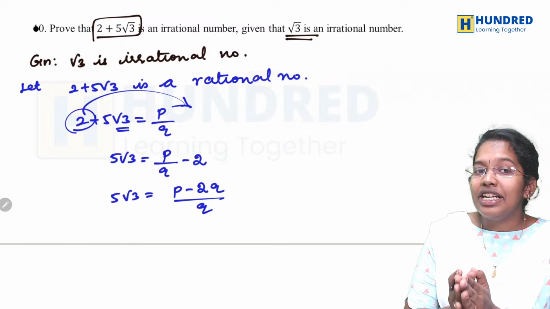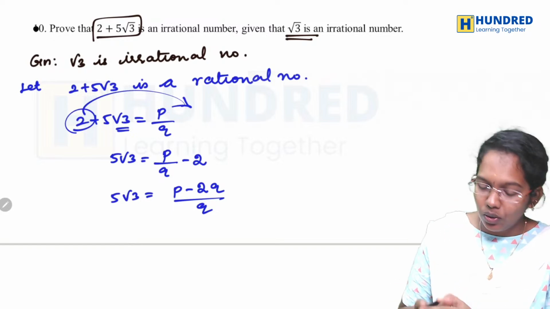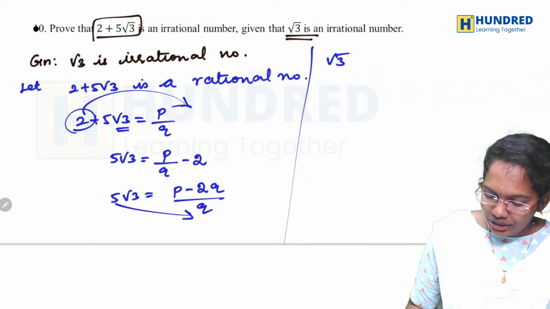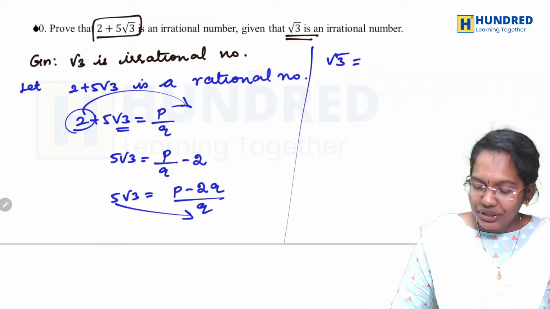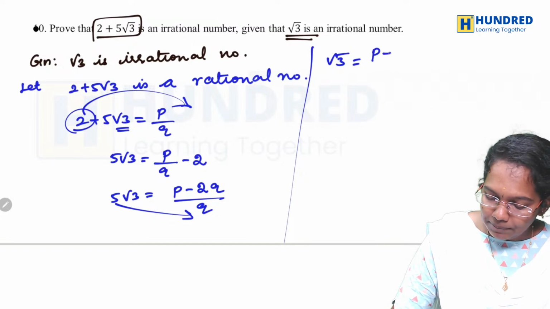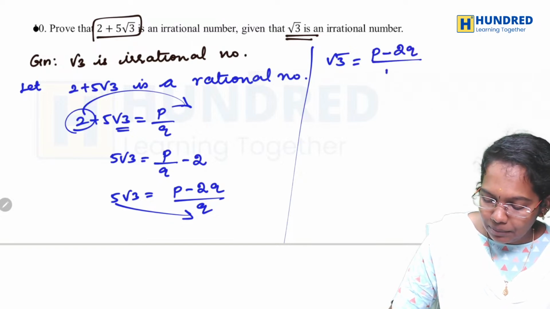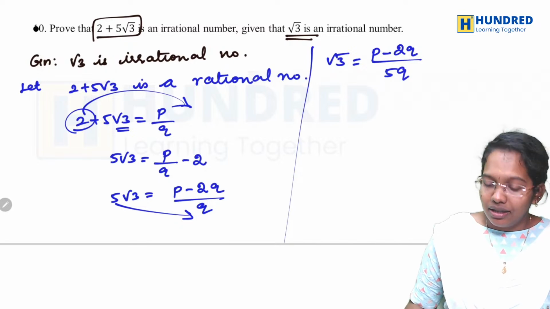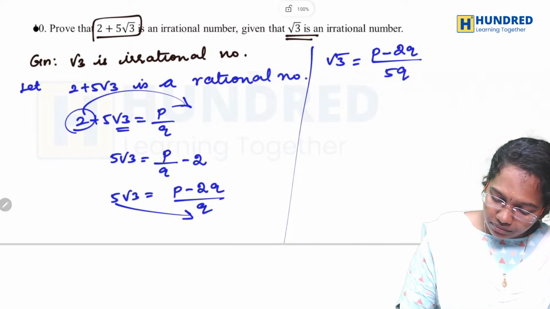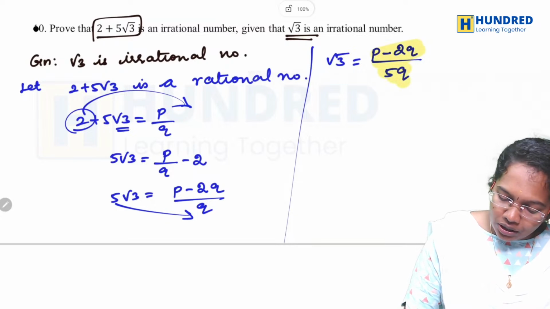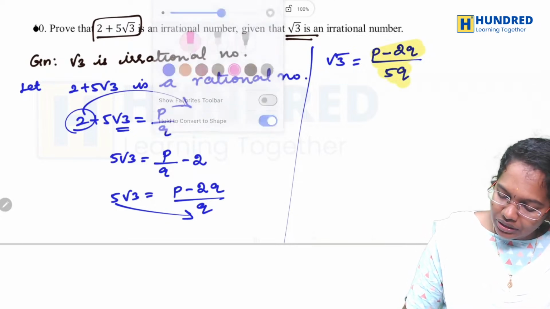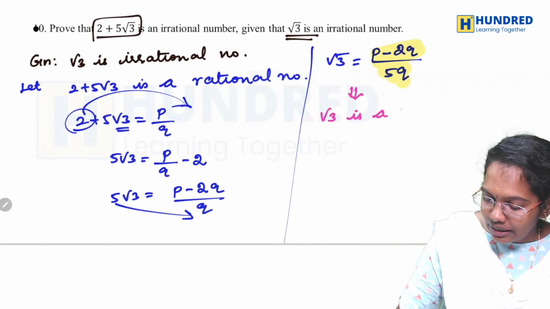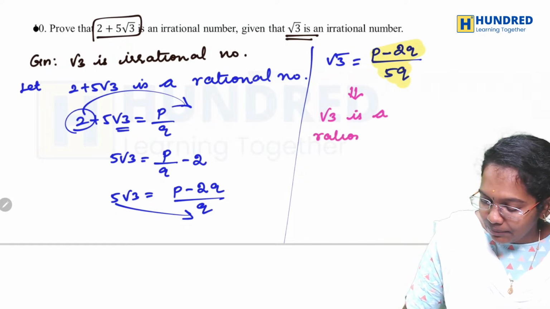Now what we need is the root 3 value alone, so we take this 5 to the other side, to the denominator. So root 3 is p minus 2q divided by 5q. Yes. So see here, this part is of which form? P by q form. So this implies that root 3 is a rational number. Yes, because why?